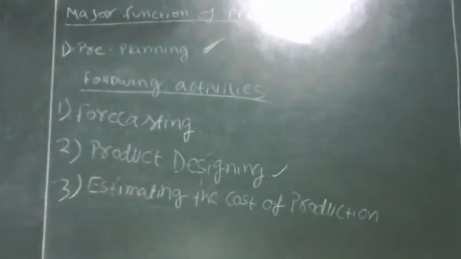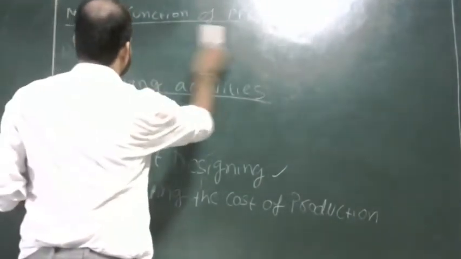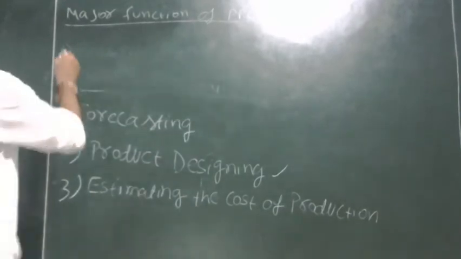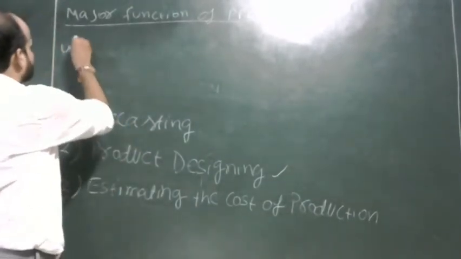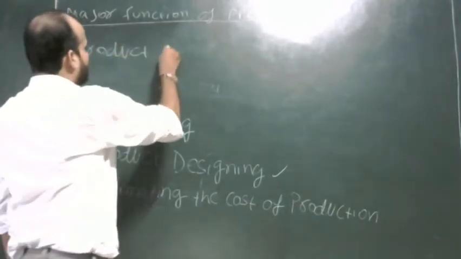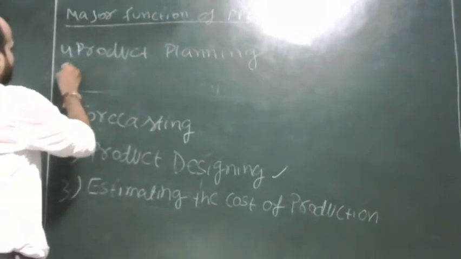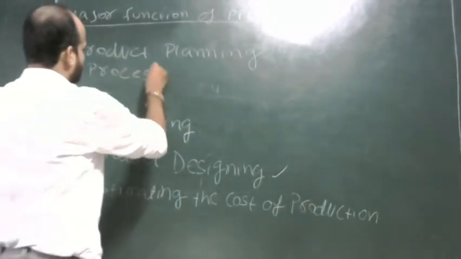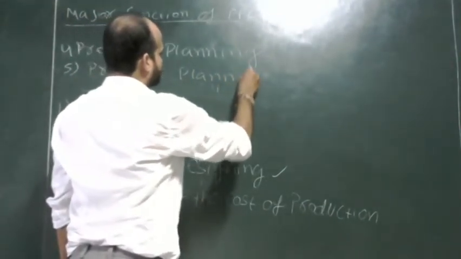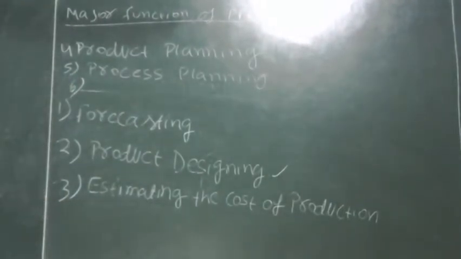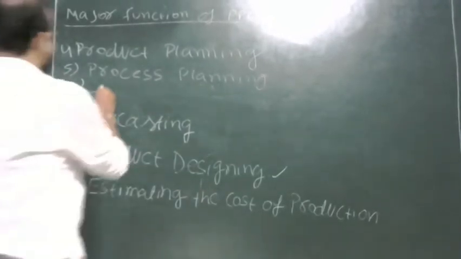और भी क्या स्टेप है थोड़ा देख लेते हैं. Fourth, product planning, process planning: determining the requirement of main machine, material and tools.